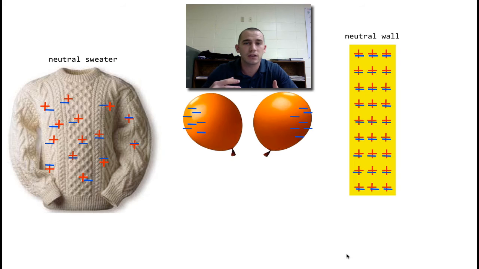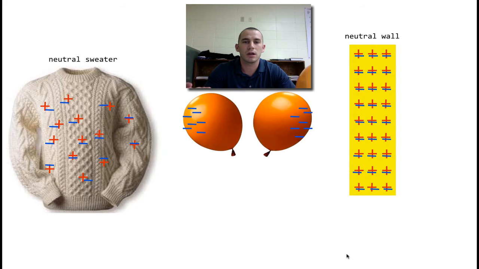One way that it's not like gravity is that electric forces are a lot stronger than gravitational force. With electric forces, you can have just a little bit of force and you can see those results. With gravitational force, you have to have a lot of it in order to see those effects. In other words, you've got to have a really big object, like the Earth, to see the effects of gravity.